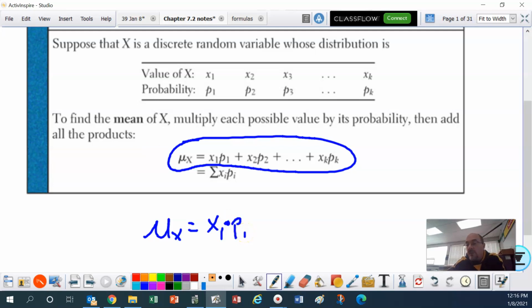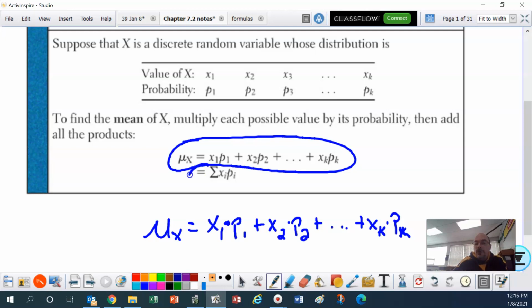Remember, we always use the decimal form. Then we add it to the next x value times its probability, and we keep doing that until we get to the last x value and multiply it by its probability. We will take a look at that in an example or two.